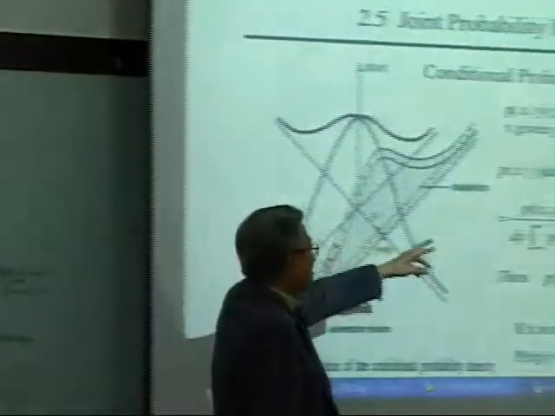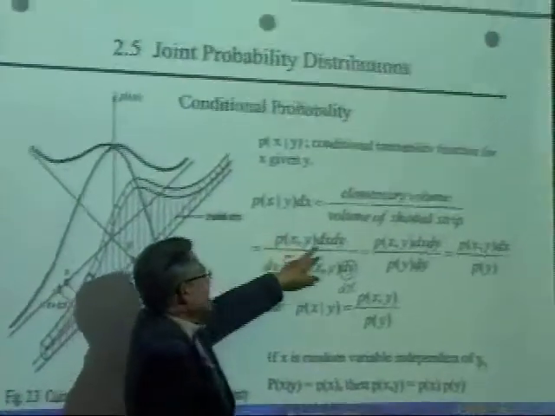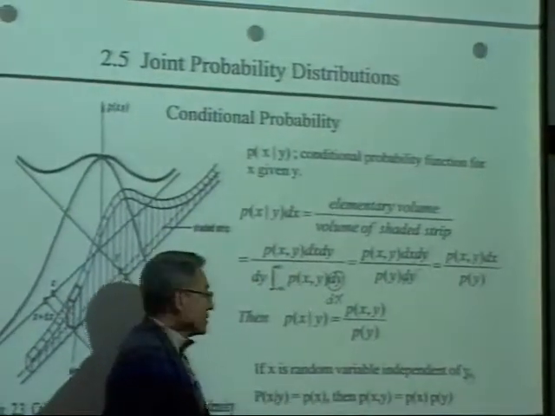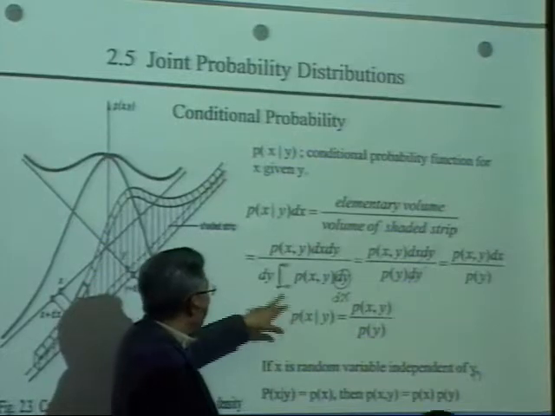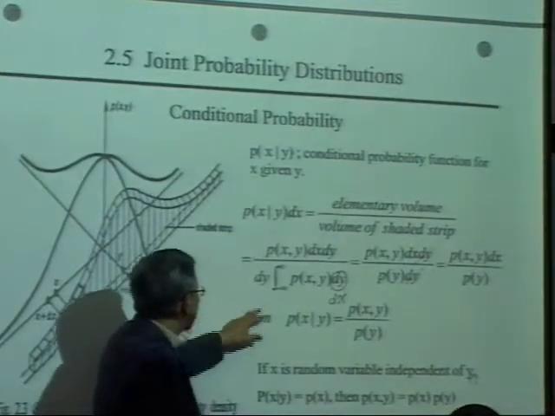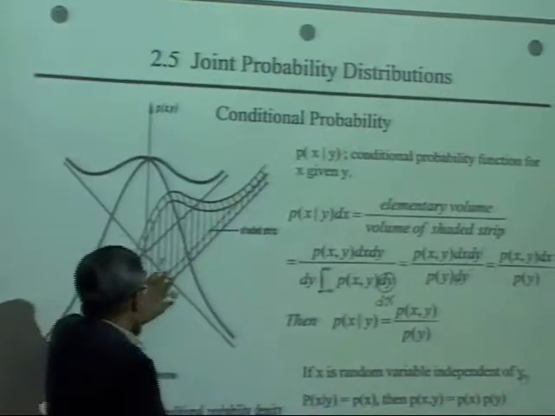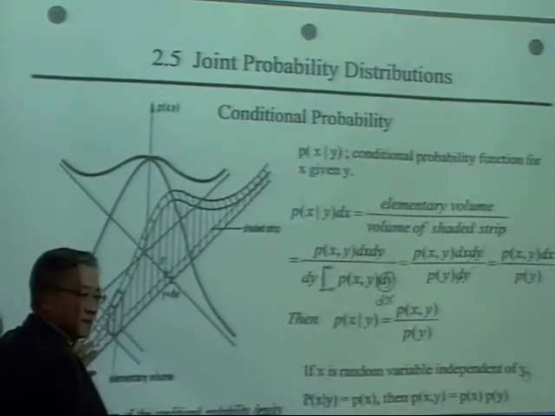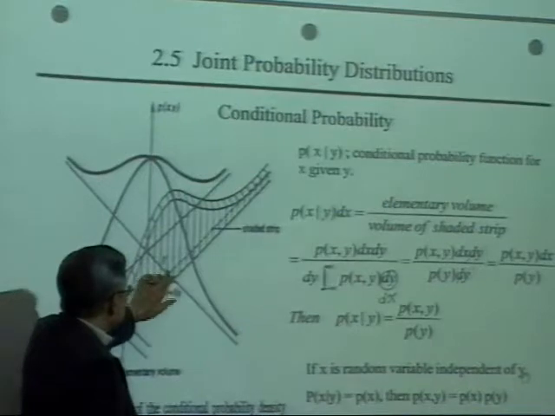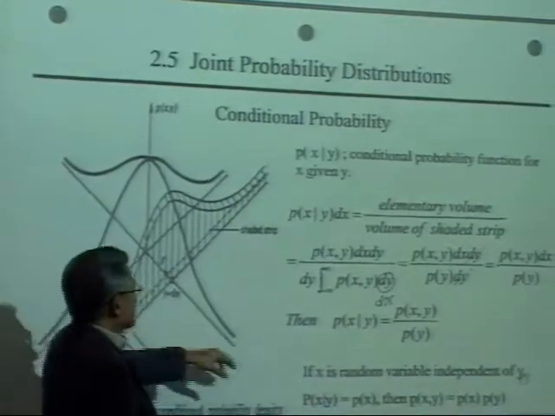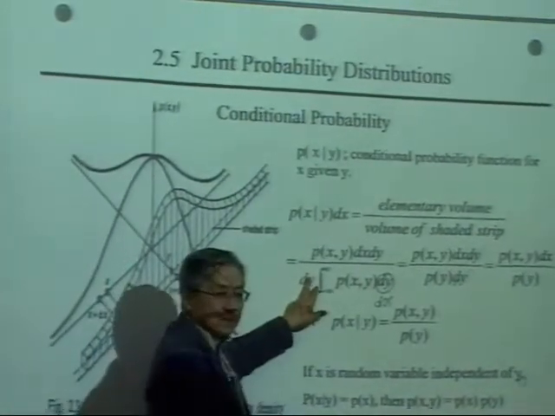First, the elementary volume is concerned with the height and dx and dy, very clear. And below, dy is the width. Width is a constant, right? dy. Width is this, that's dy.